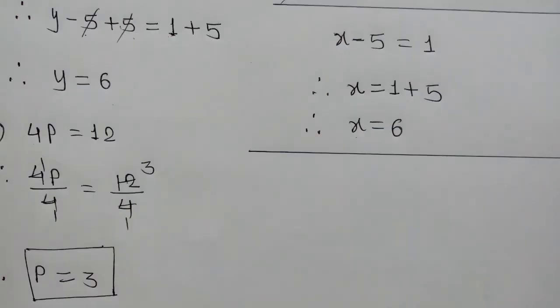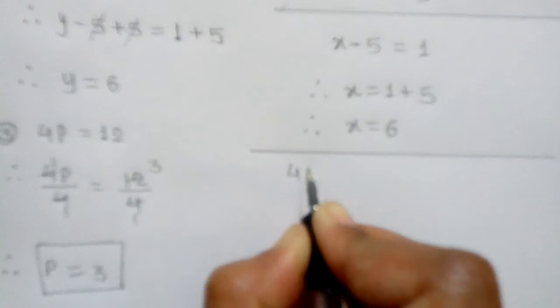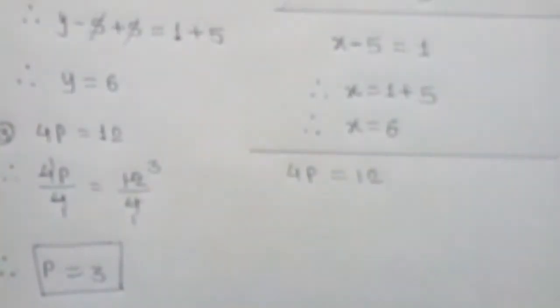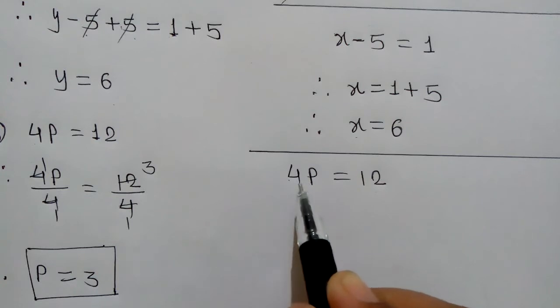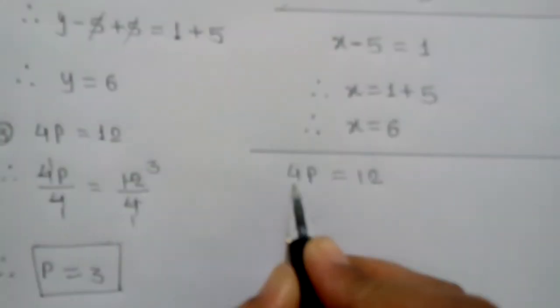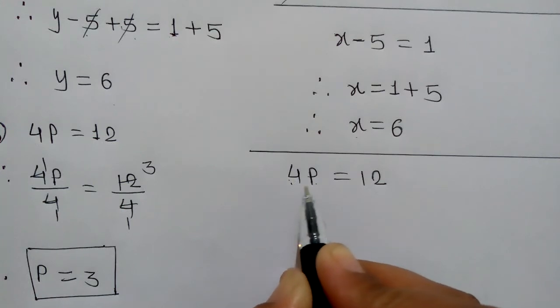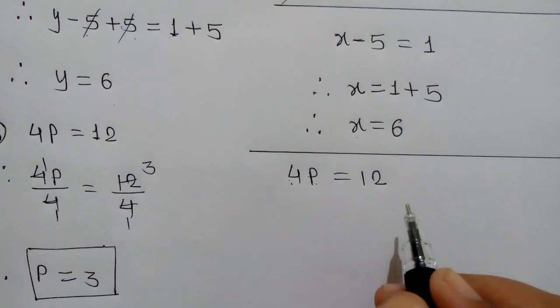The same thing we will use for this equation also. It is 4p is equal to 12. Now you know between 4 and p the sign is multiplication. So 4 is multiplied with this p. If we send this 4 to the right hand side, it will become divide.